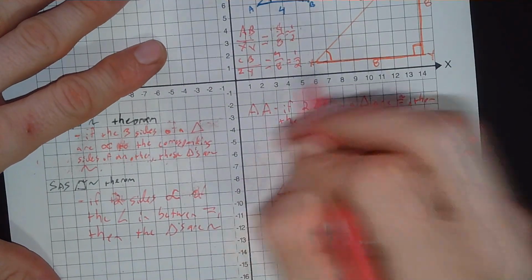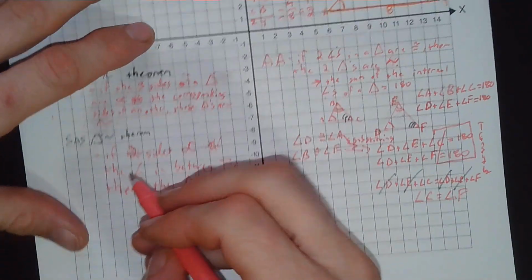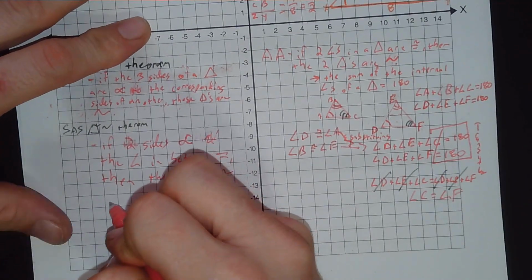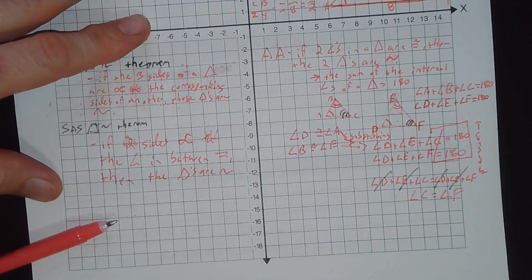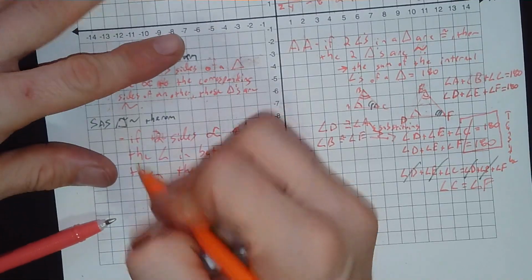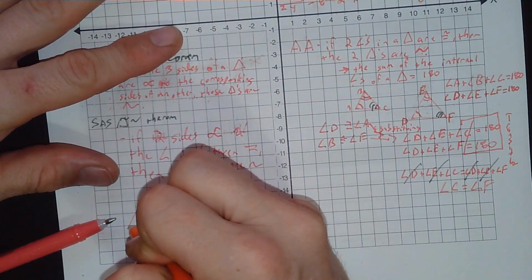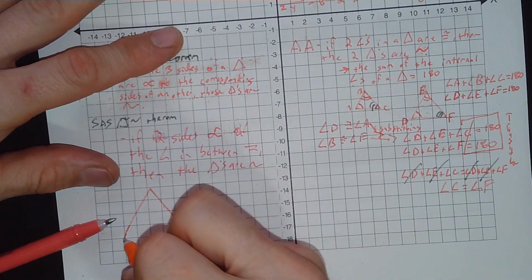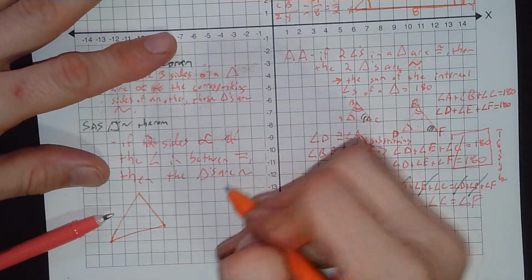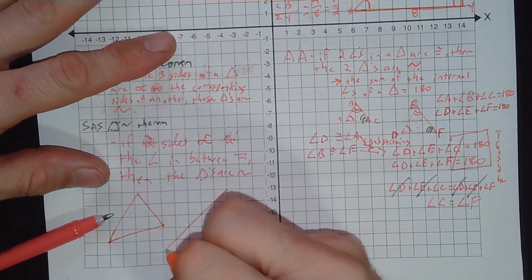Okay, so I'll do an orange triangle this time. An orange little triangle like this, and then a bigger triangle like this.